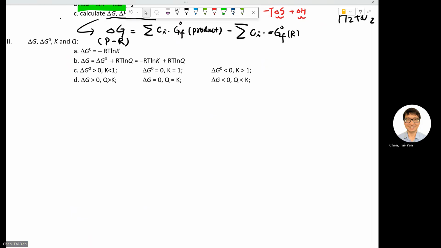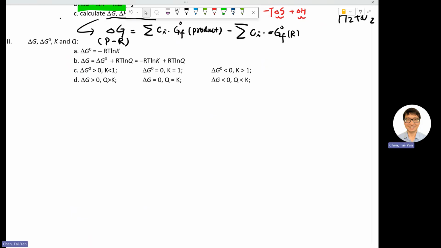In order for that to happen, your delta S universe must be positive and your delta G must be negative. This looks like opposite signs, so be careful. Delta S universe has to be positive and delta G has to be negative, so that you can ensure the reaction moves from your reactant side to your product side.